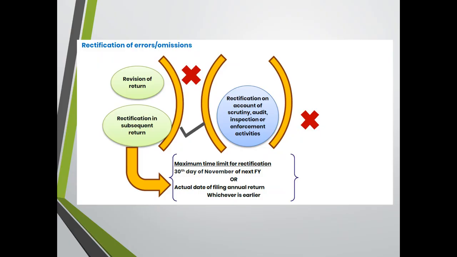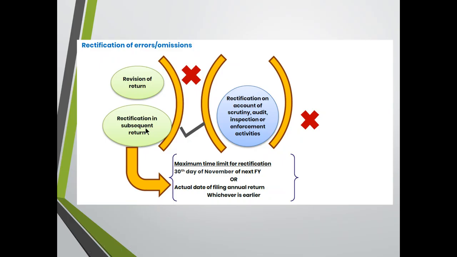But under GST, whether we have the facility to file a rectification return or revision return, the answer is no. We cannot revise the return. You cannot rectify the return. Rather, rectification can be done in a subsequent return. So three points: no revision, no rectification, rectification in subsequent return.